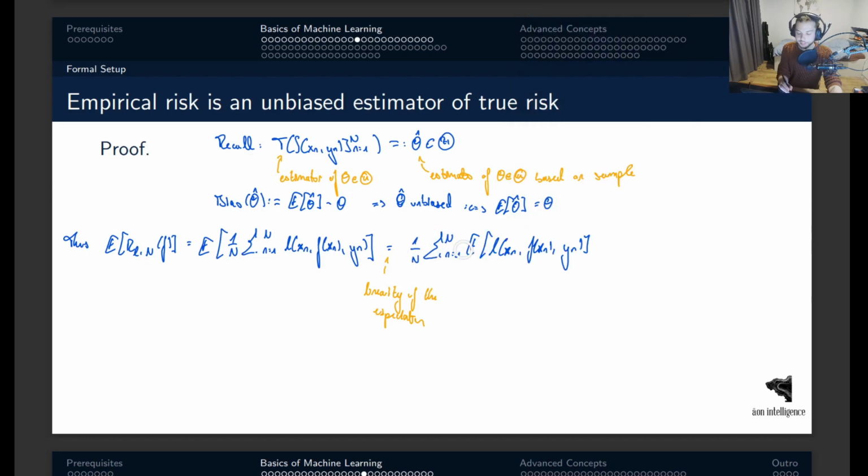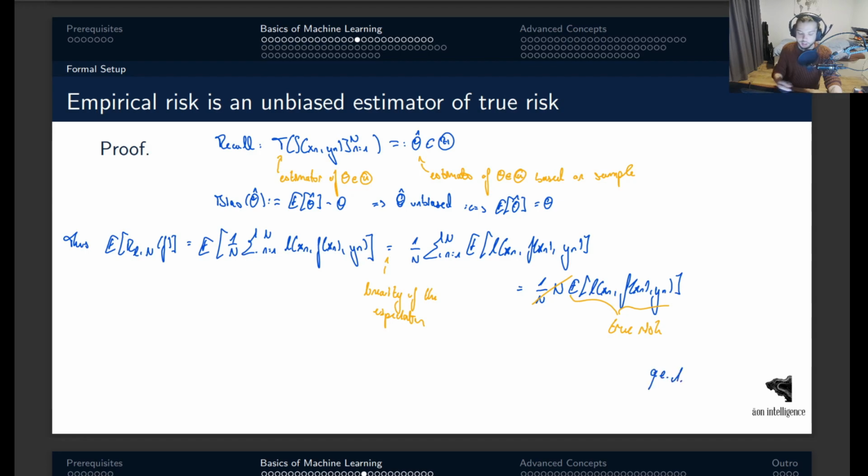So we get the weighted sum of expectations of empirical losses. And since this is the same term for every n, we sum up n of these expectations of losses, and we end up with 1 over n times n times the expectation of the empirical losses, and we see that these cancel, and that this corresponds to our definition of the true risk, and this concludes our proof.